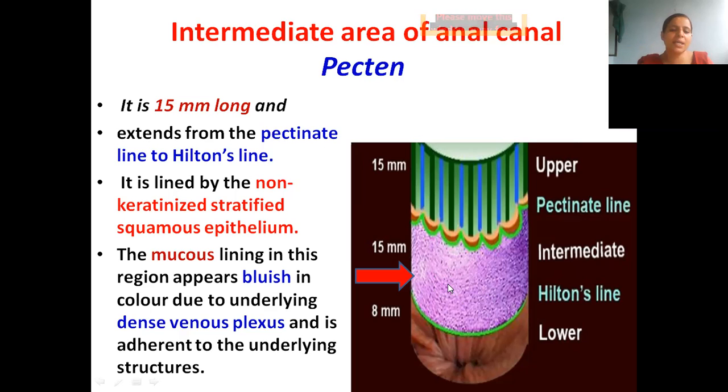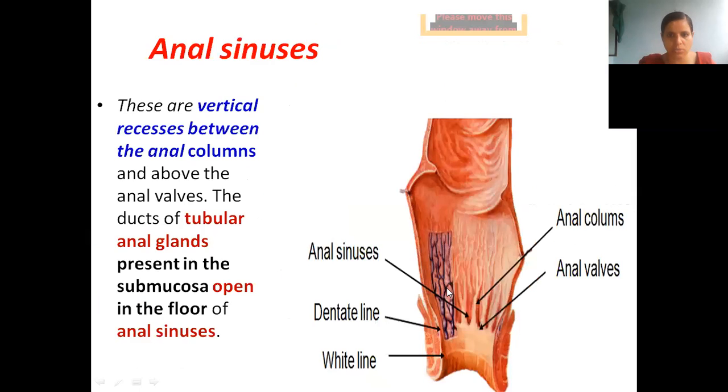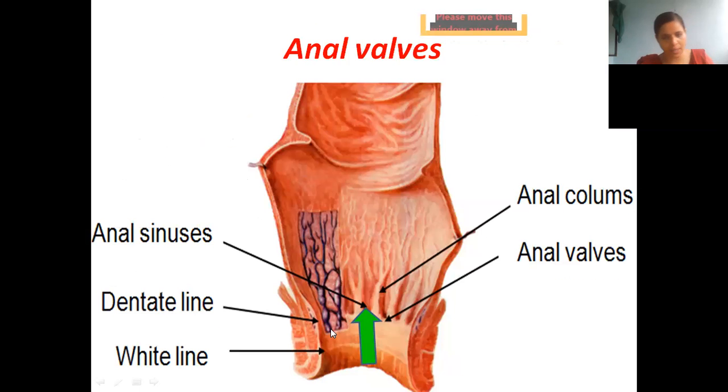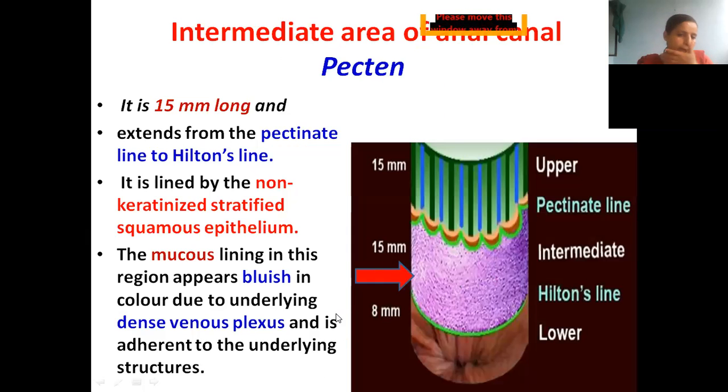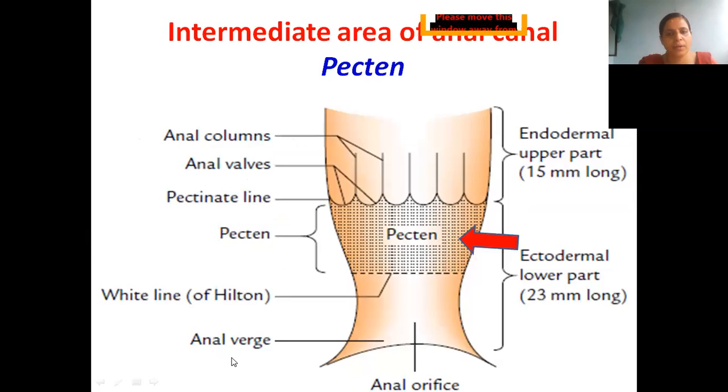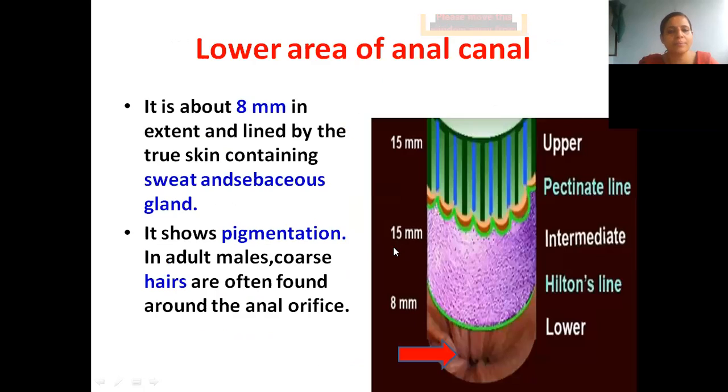The mucous lining in this region appears bluish because of the underlying venous plexus, as you see in the previous picture. A similar venous plexus is seen in the middle one third also, so this area looks bluish. Between the pectinate line and the white line of Hilton, this 15 mm area is the pecten, lined by stratified squamous non-keratinized epithelium.